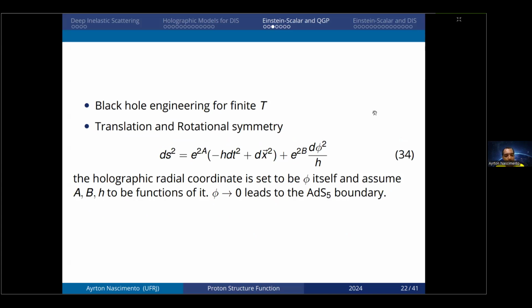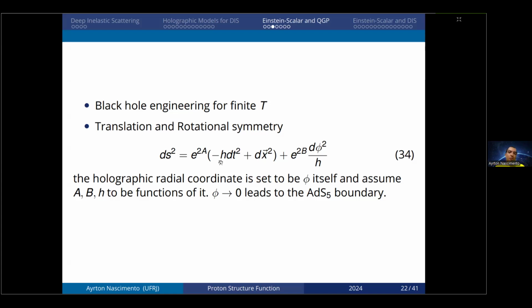You can actually show that the temperature of the gauge theory and the temperature of a black hole in an AdS space like that are related. That's how people describe finite temperature problems in AdS/CFT.